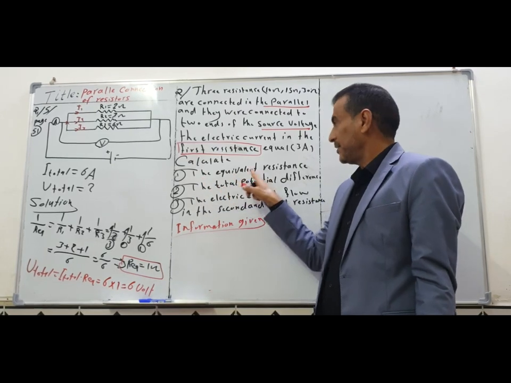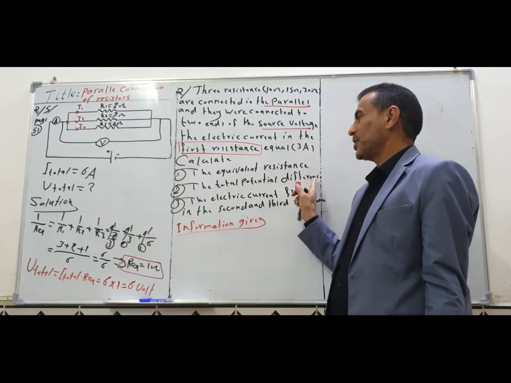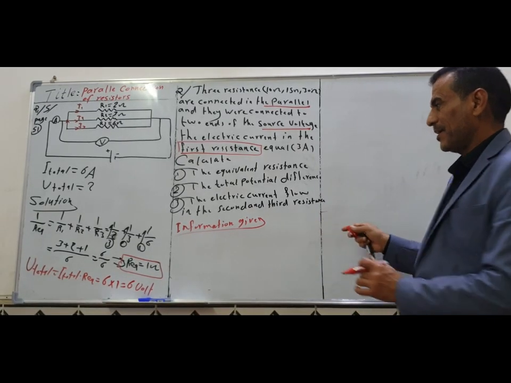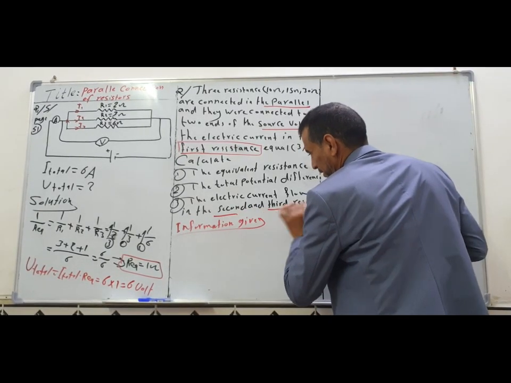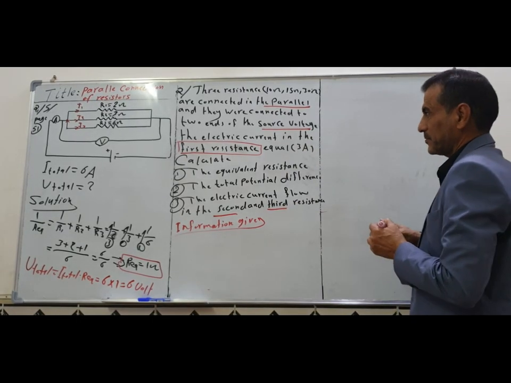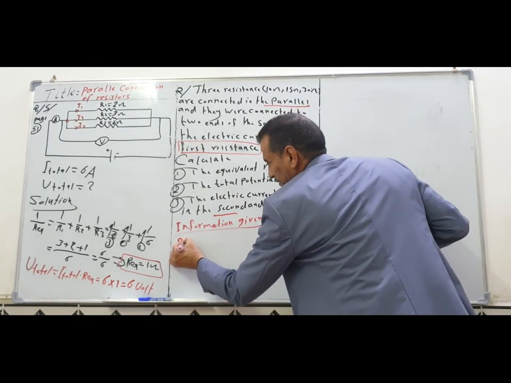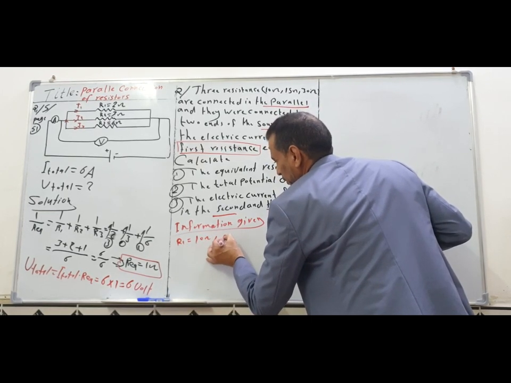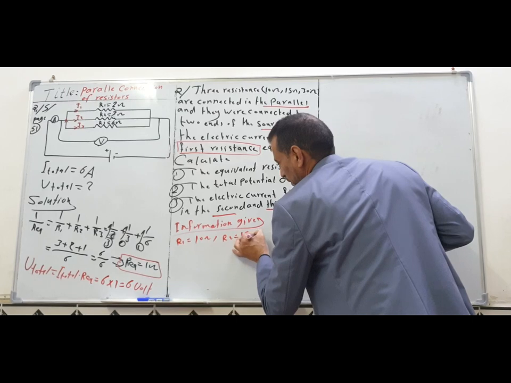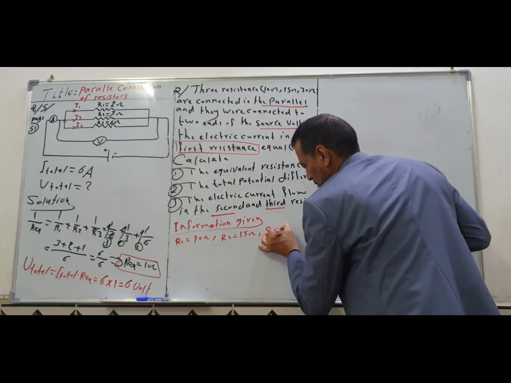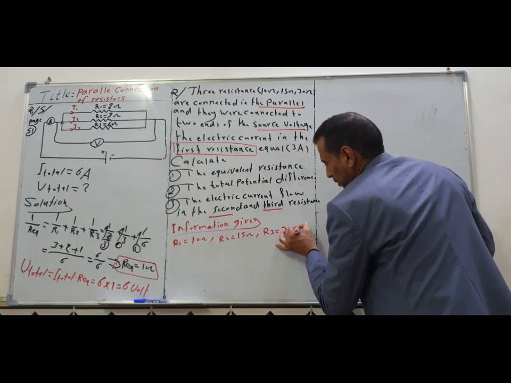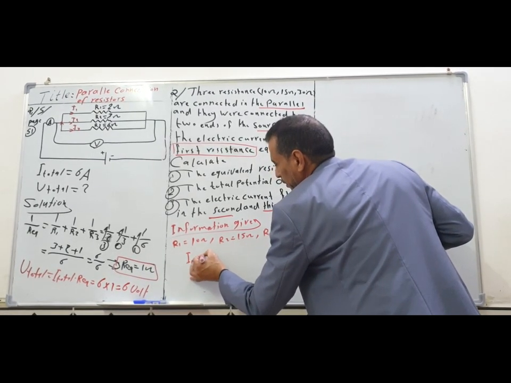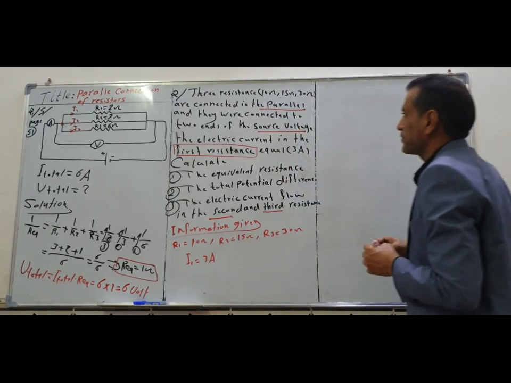Calculate the equivalent resistance, total potential difference, and the electric current flow in the second and third resistance. R1 equals 10 ohm, R2 equals 15 ohm, R3 equals 30 ohm, and I1 equals 3 ampere.